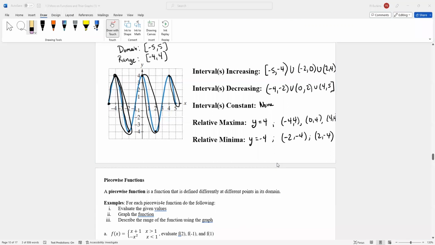Okay. All right. I also wanted to point out that in some instances, this point here and this point here are considered relative minimums, but they are not going to be what we're going to refer to later on as points of inflection.